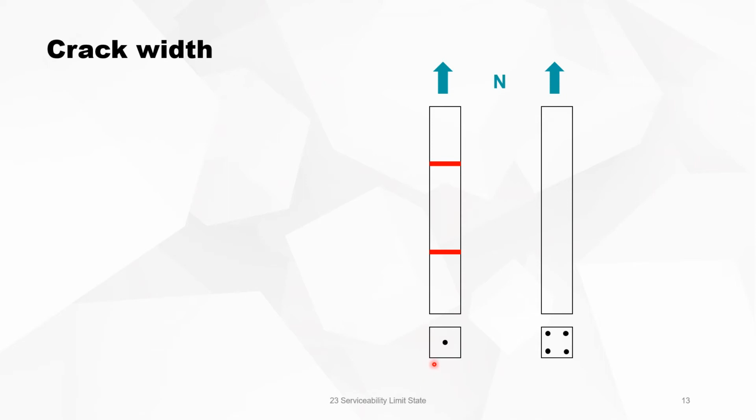If we take the same type of rod and we put 4 rebars in each corner with the same surface as the one bar, so the reinforcement stays the same, then you will see that for the same force N, the cracks are distributed over the total length of the rod and are much smaller because they are distributed.